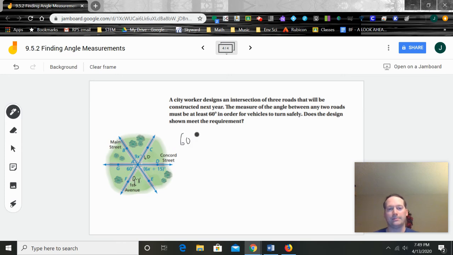So 60 plus 9x plus 6x plus 15, those equal 180. So now we just got to solve for x and then plug in to see what this angle measure is and what that angle measure happens to be. So combine like terms, 9x plus 6x is 15x. 60 plus 15 is 75.